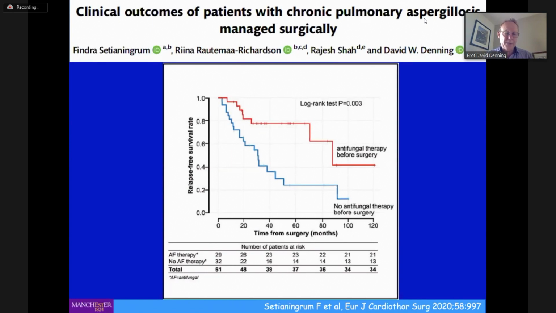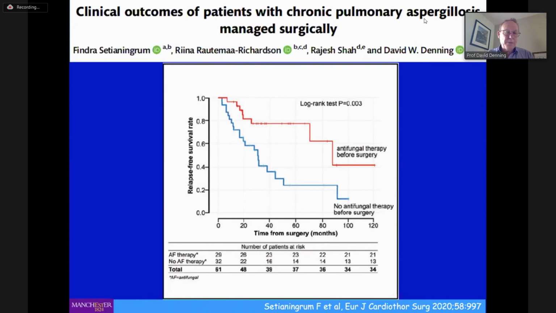The other point to make is if you want to take the patient to surgery, we did a retrospective review of our about 60 patients who went to surgery and the timing of antifungal therapy. And if they have antifungal therapy before surgery, there is a substantially lower relapse rate than if they have antifungal therapy only during surgery or after surgery.